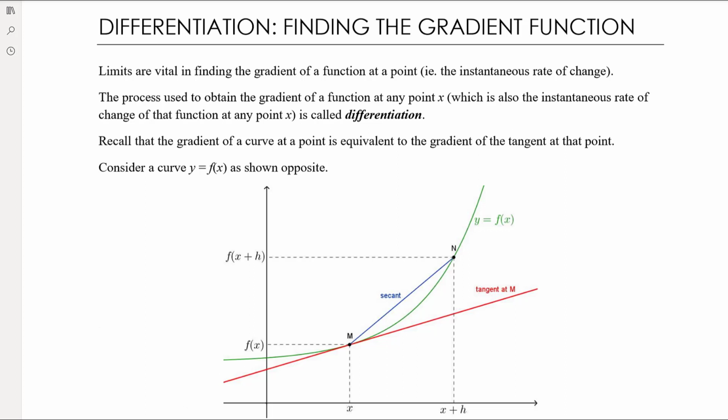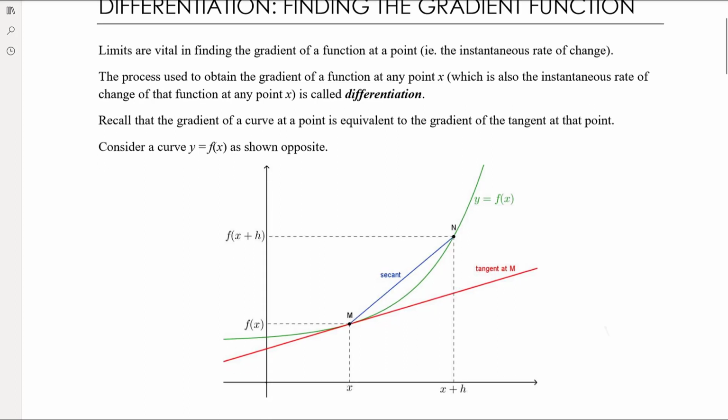One of the fundamental things is that the gradient of a curve at any given point is equal to the gradient of the tangent at that point. We're going to need to make use of our limits, which we've looked at over the last two videos, as we're calculating the gradient function.